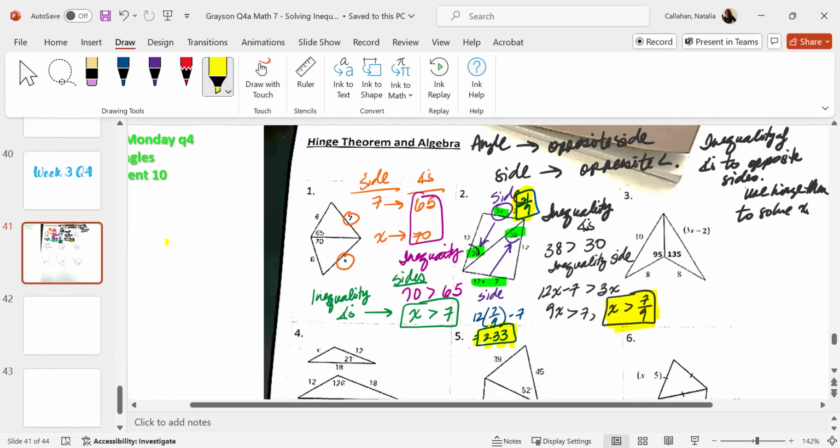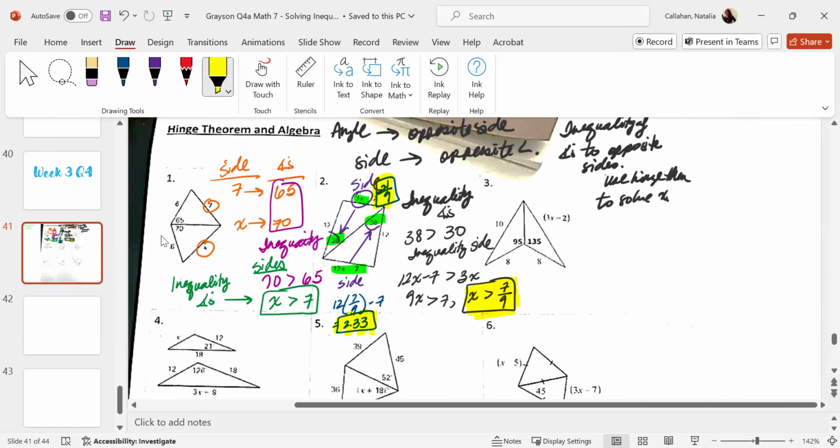So remember, inequality of sides compares with inequality of angles. Okay, move on.